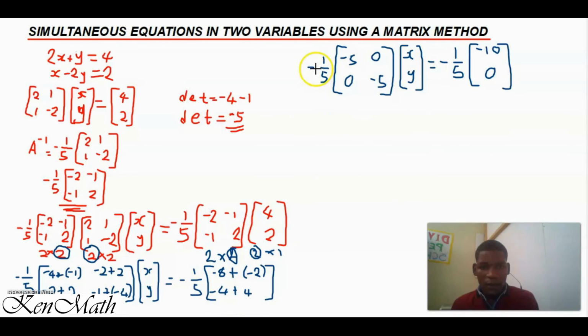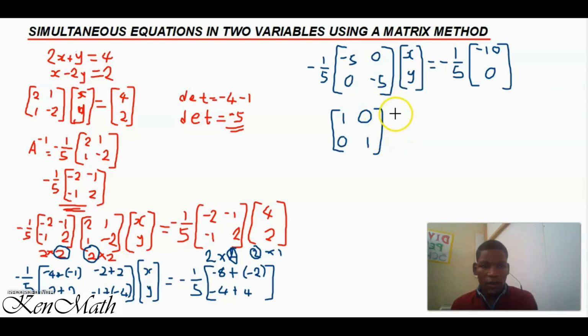Then we start multiplying this determinant which is outside with every entry inside. So negative 1 over 5 multiplied by 5, it gives us positive 1. Negative 1 over 5 multiplied by 0, it gives us 0. Negative 1 over 5 multiplied by 0, it gives us 0. Negative 1 over 5 multiplied by negative 5, it gives us 1.